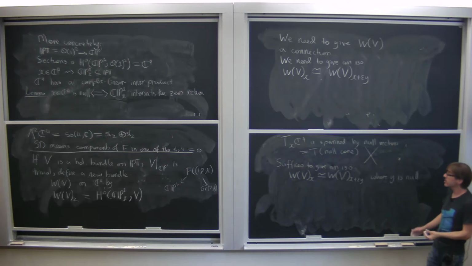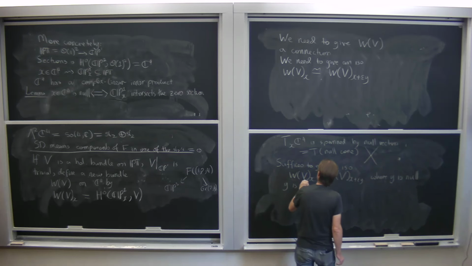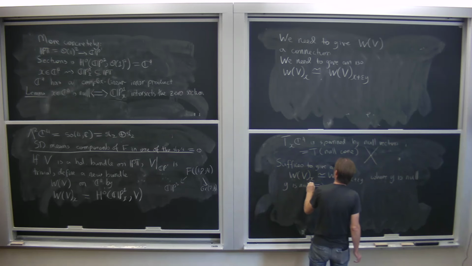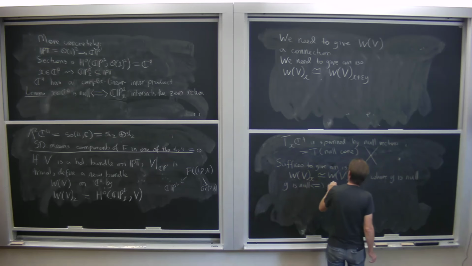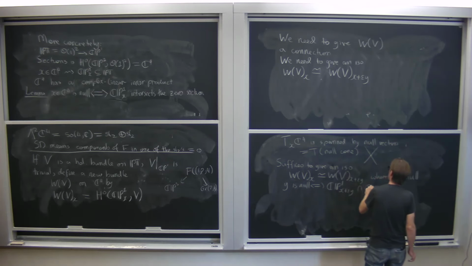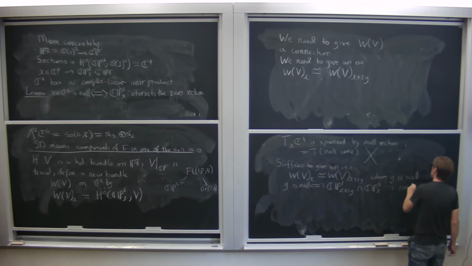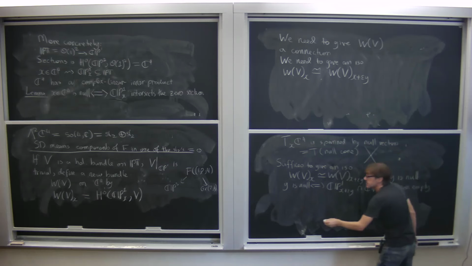Now comes the clever part. Y is null if and only if the CP1s are non-empty, meaning they intersect. So here's the picture.